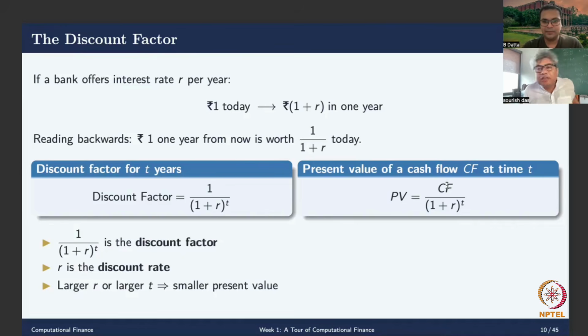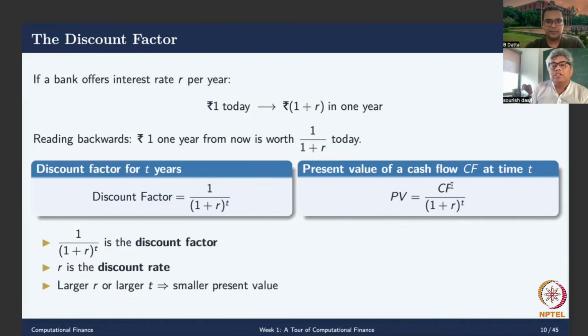So if you have a cash flow 1 year from today, suppose this is 3.5 rupees, and if your R is maybe 5%, then basically 3.5 rupees divided by 1 plus 0.05 will be the present value of that 3.5 rupees that you will get 1 year from today, right? And this is a very important concept, and this is what we call discounting the future cash flow.